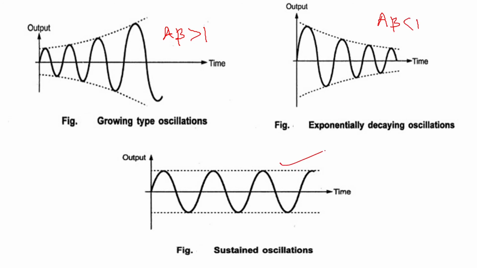And this will be sustained oscillations, the good type of oscillation. This will happen when the amplifier gain into the feedback factor is equal to 1. So this is one of the conditions of the Barkhausen criteria. So you get sustained oscillations like this.